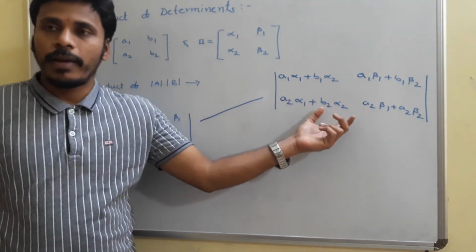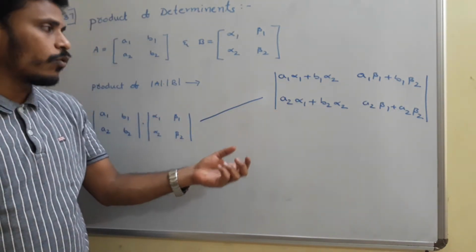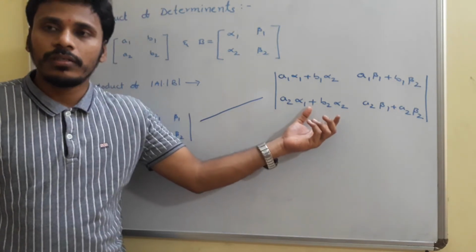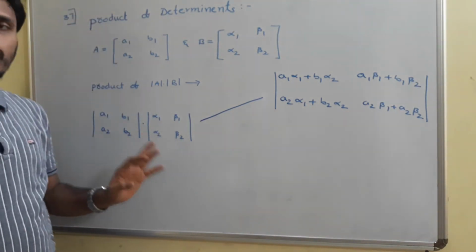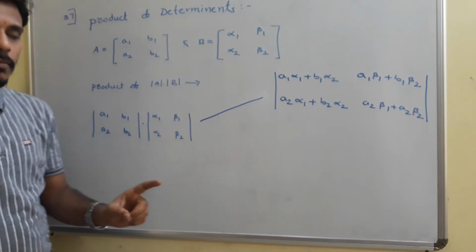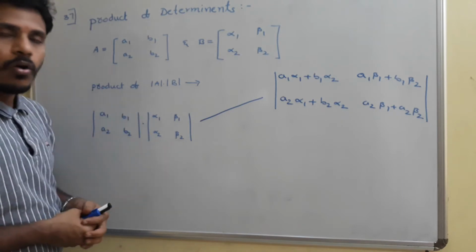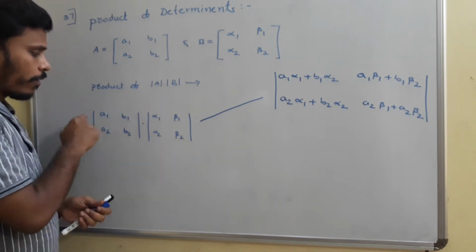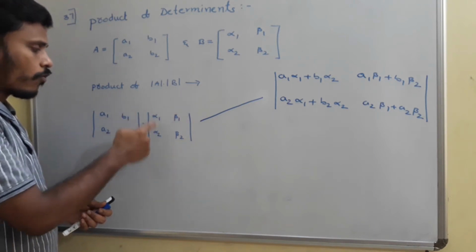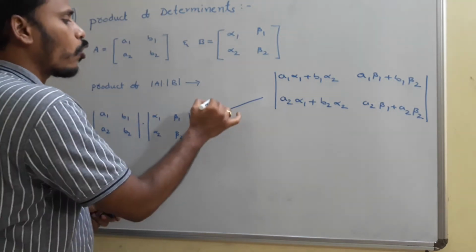You will conclude that this determinant value equals the product of the two determinants. While multiplying two matrices, we multiply row by column: first row, first column; first row, second column; second row, first column; second row, second column.